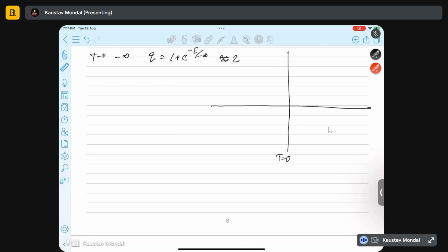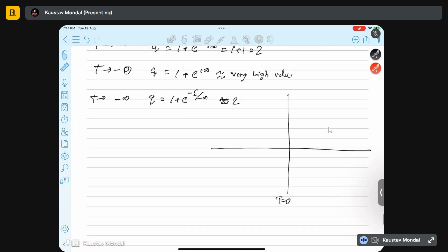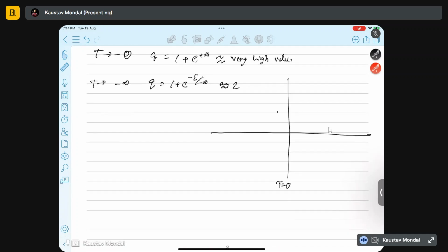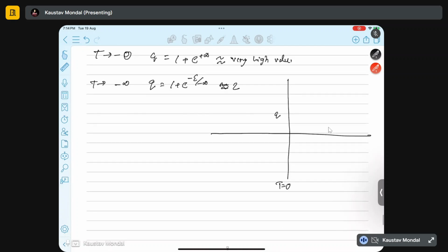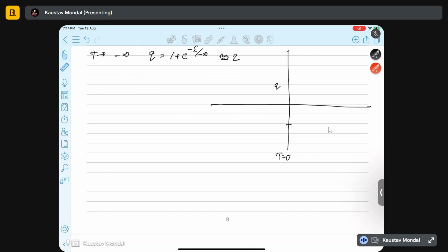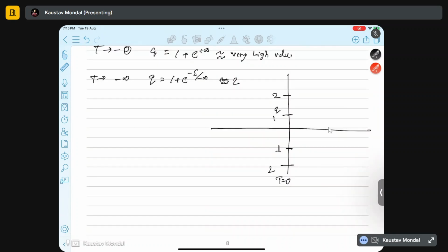When you take the system to a temperature close to 0 from the positive side, the Q value will be equal to 1.